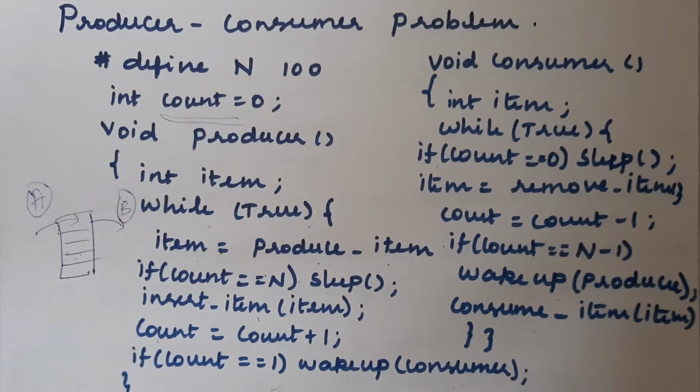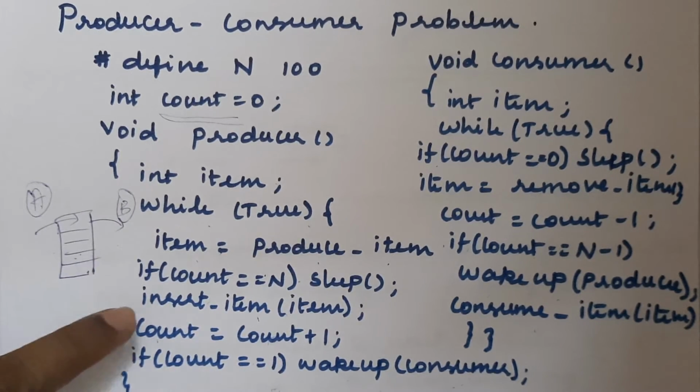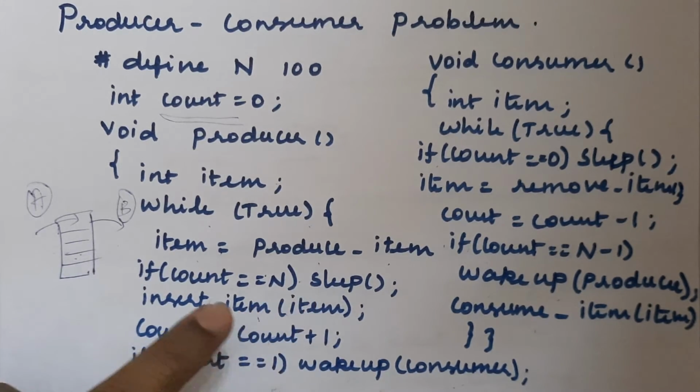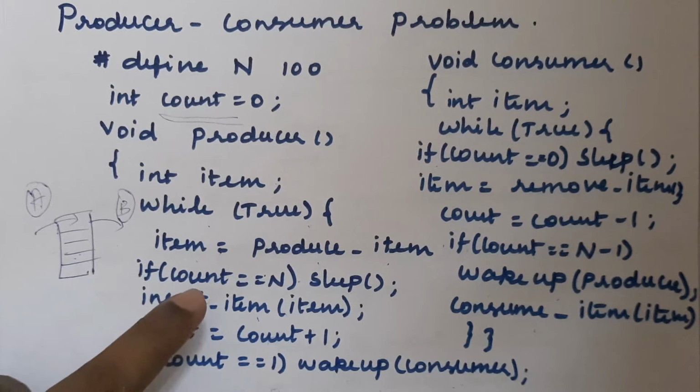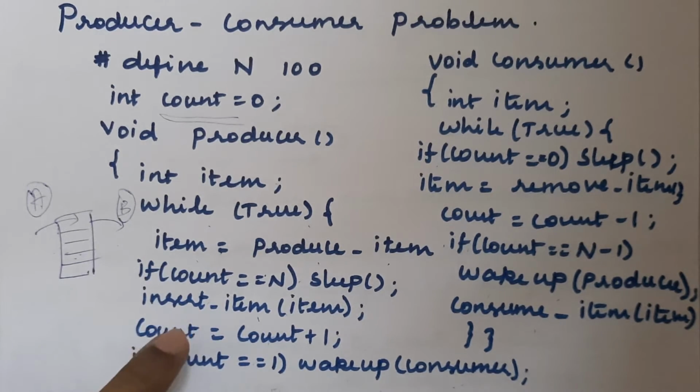Indivisibly. So we need to execute all these instructions step by step. Here we are checking this condition, and afterwards if the condition is true, then we should perform the sleep operation on the process, and insert item. If the condition is false, then we move to the next one.